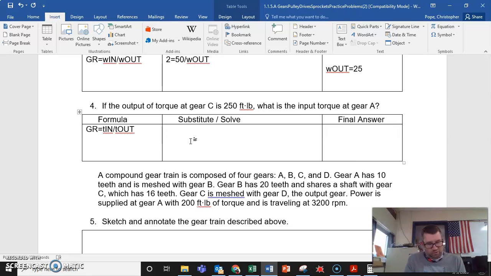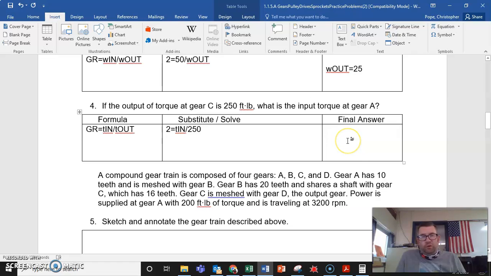In this case, we still have our gear ratio of 2, and we are looking for torque in, and we have our torque out of 250. Again, if that number is on the bottom, we can multiply, and get that number on the top.